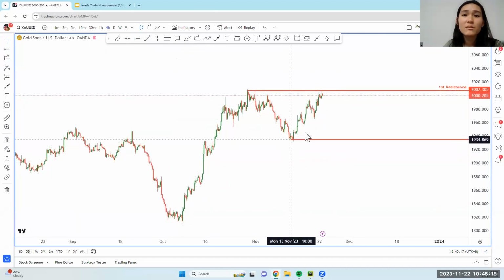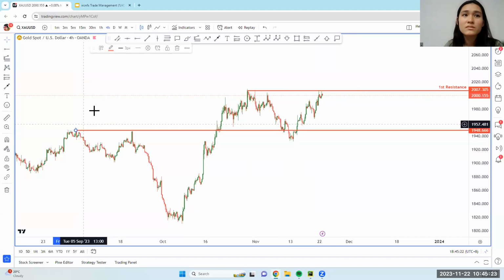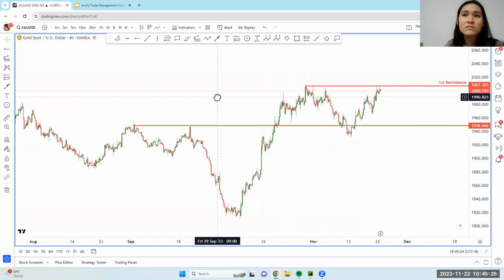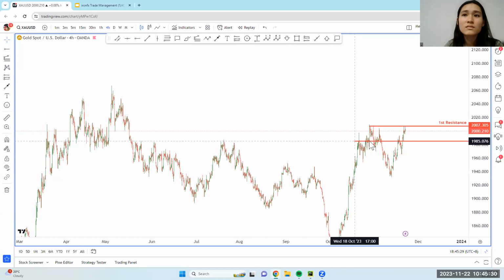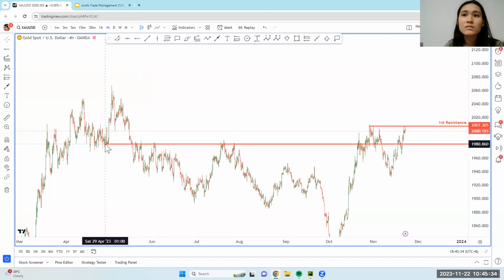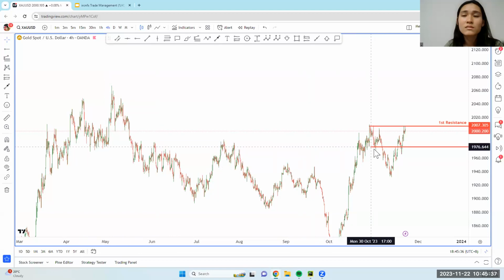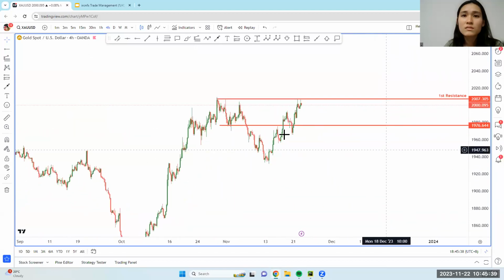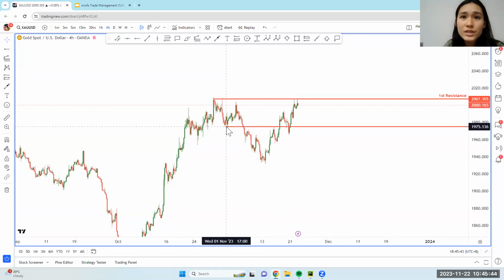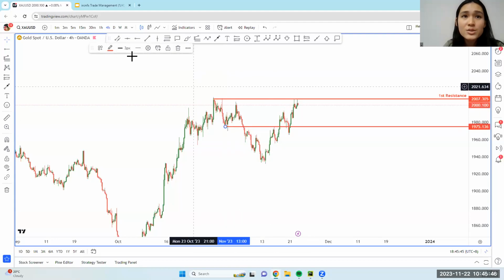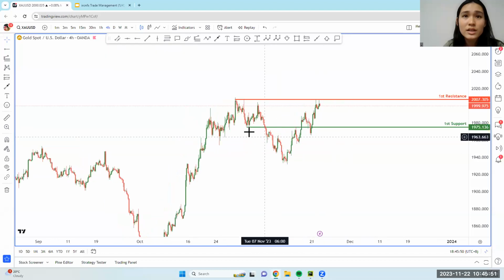And then, okay, I think I will place my first support over here. So this is an overlap level as well. We have a swing low here and a swing high here that line up.